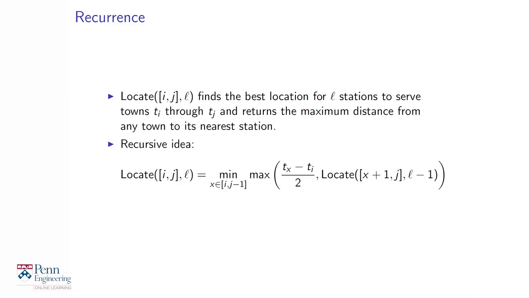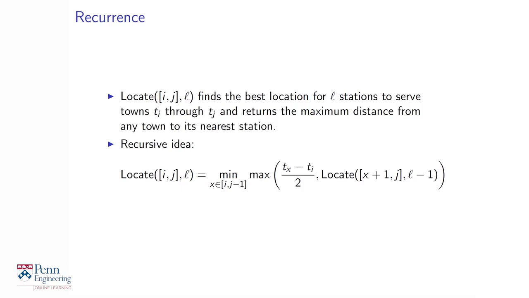So again, let's look at locate(i, j, L): how to locate L stations to serve towns Ti through Tj. We can ask ourselves that top-level question. The first of those L stations is going to serve some leftmost fraction of the towns, starting with Ti. So let's say it's going to serve towns from Ti through Tx, so x is any town between i and j minus 1.